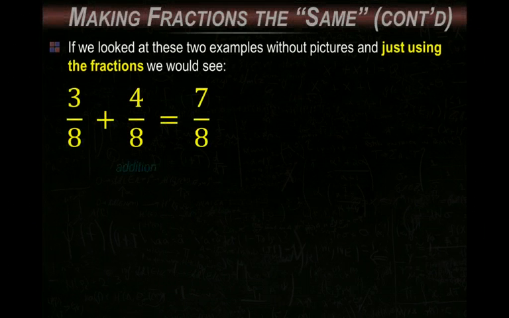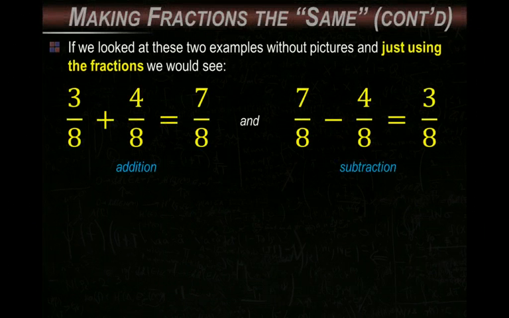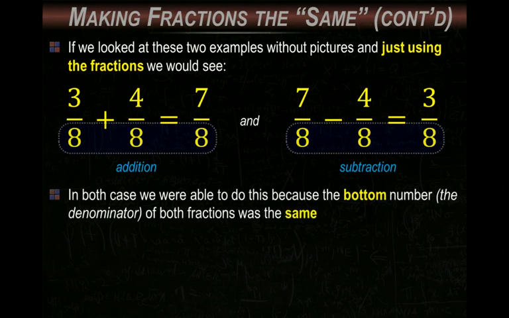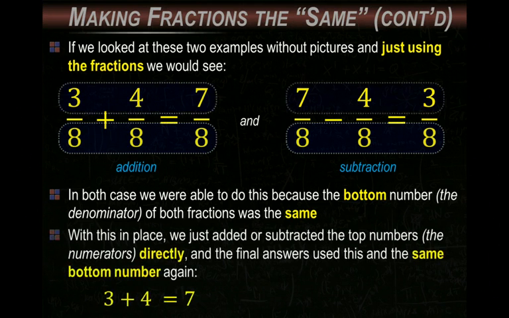And the reason why was we had the same bottom number each time. So here you can see 3/8 plus 4/8 equals 7/8: 3 plus 4. 7/8 minus 4/8 equals 3/8: 7 minus 4. Okay? Because the bottom numbers are all the same, we can just do straight up math on the top parts.